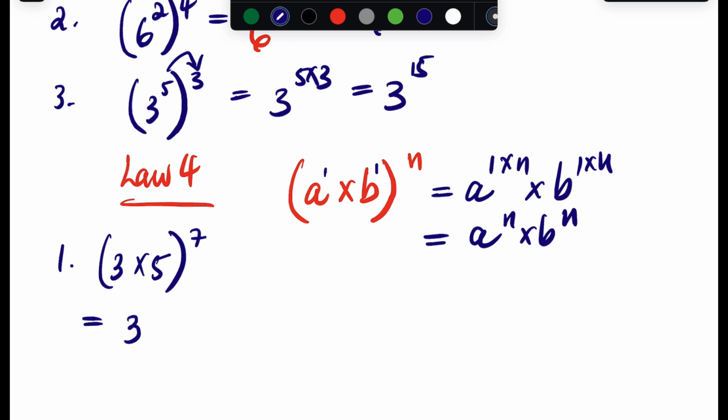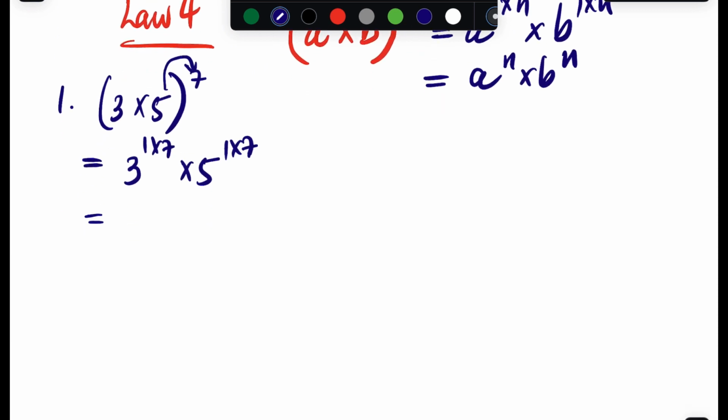We'll say 3 to the power 1, which is this one, and then we multiply by 7. And then we say times 5 to the power 1, and that 1 you multiply by the outside 7 there. So it's going to be 3 to the power 7 times 5 to the power 7.